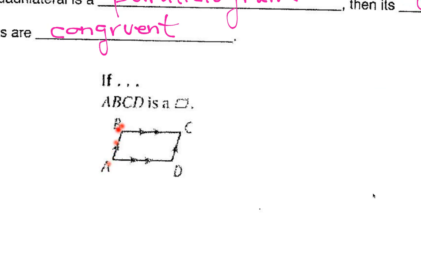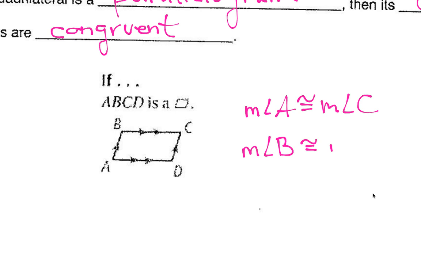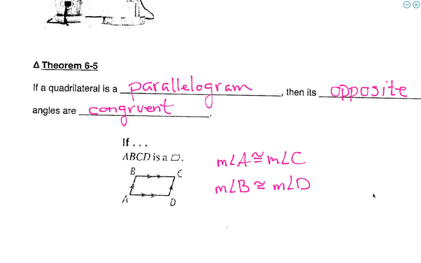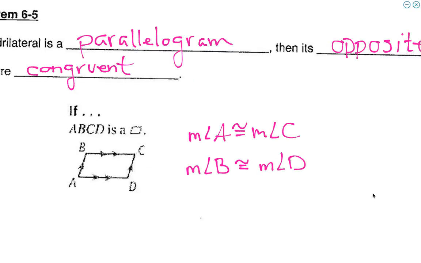If B and A add up to 180 and B and C add up to 180, well then A and C are both contributing the same amount of angle measure to B to make 180. So that means angle A is congruent to angle C, and angle B is congruent to angle D. Actually, since we're using congruent symbols, we really don't need the measures on there. Just being a little picky there.